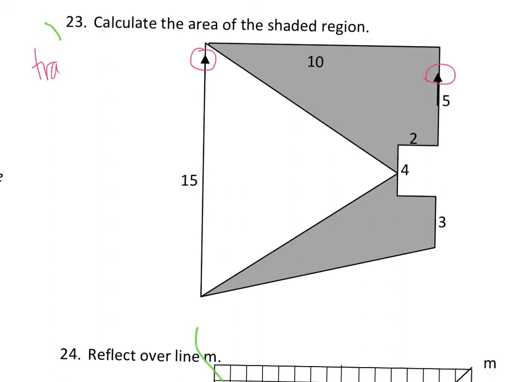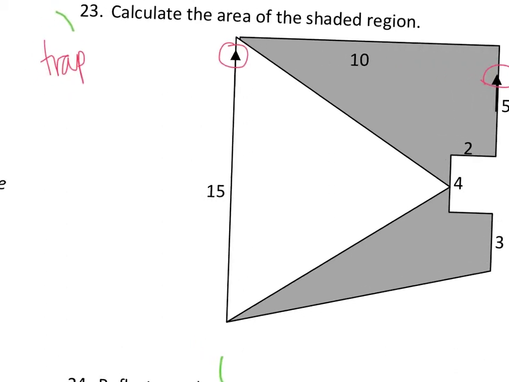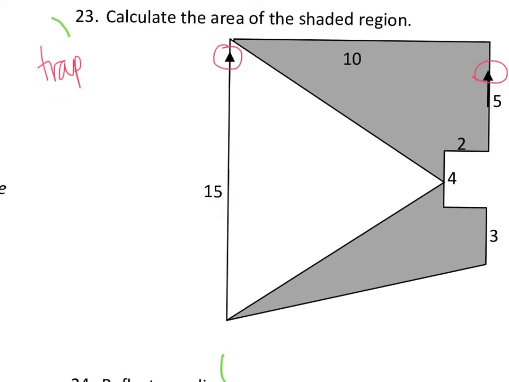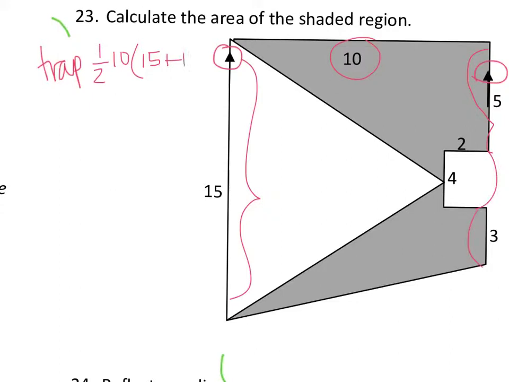So for the trapezoid, what do I have? So I have the height is 10, and I need to figure out the two base sides together. So I have 1/2 of 10 times 15 plus, this is 5, and 4 is 9, plus 3 is 12.